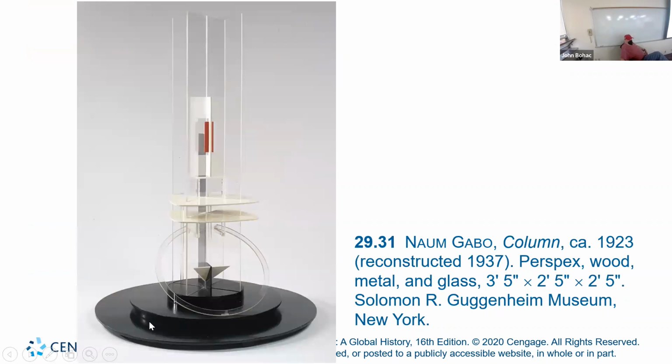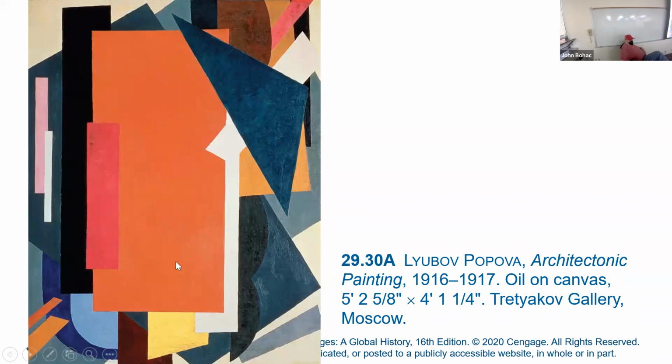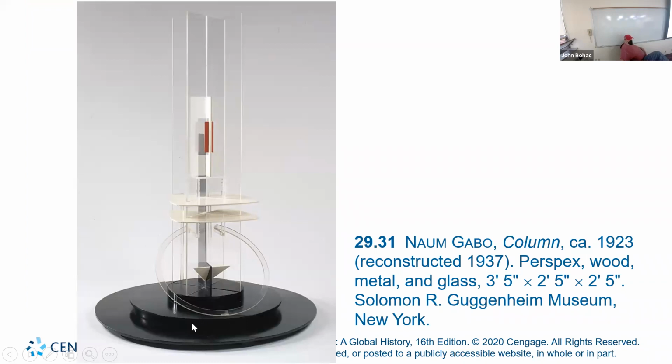And also in sculpture, Naum Gabo, column. This is perspex, wood, metal, and glass. What their painters were doing with these shapes and colors, the sculptors were doing some of that too, but they were kind of interested in a lot of the new materials that were being produced in this modern age, in the modern technology.